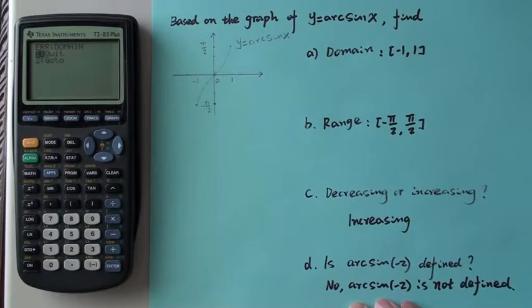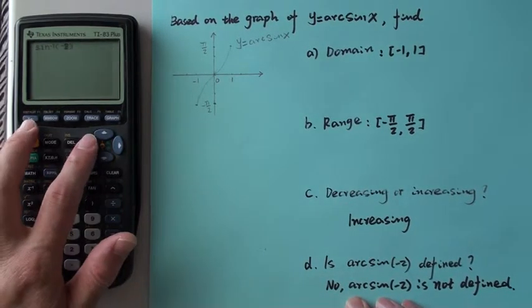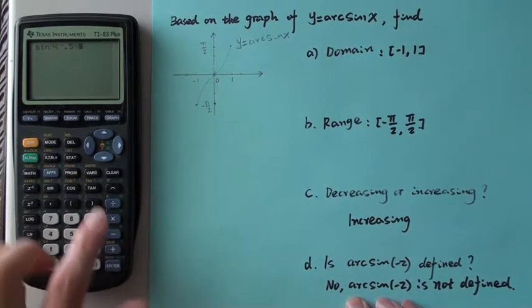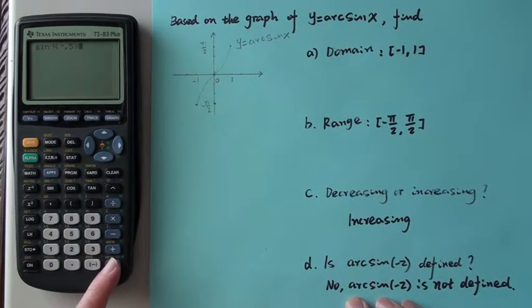So that means the number we put in is not correct, so you have to change a number there. If you change a number, let's say 0.5 there, you hit enter, it will give you the answer.